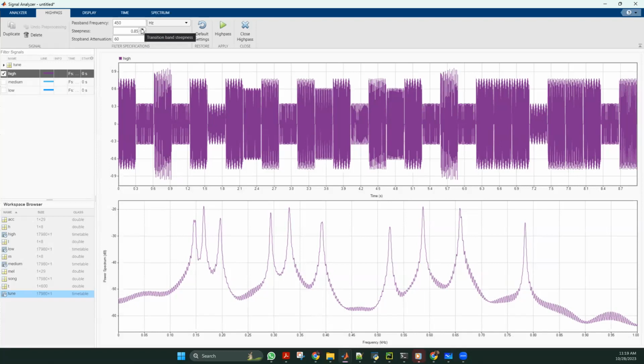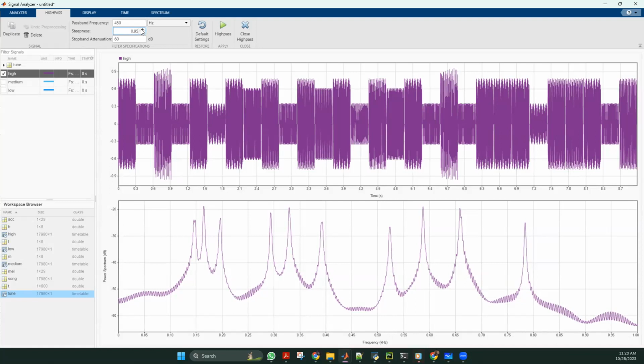That means around the cutoff frequency, the filter is very strict. The filter is not smooth. Filter is not curved. It is fully vertical. I hope it is clear to you. If you are not understanding, you can let me know.